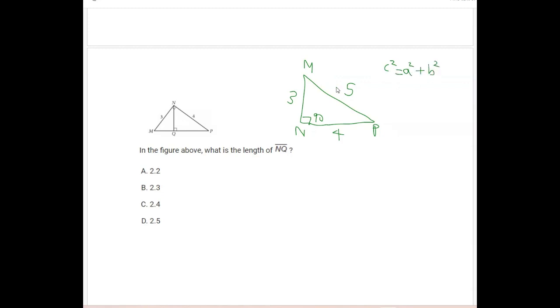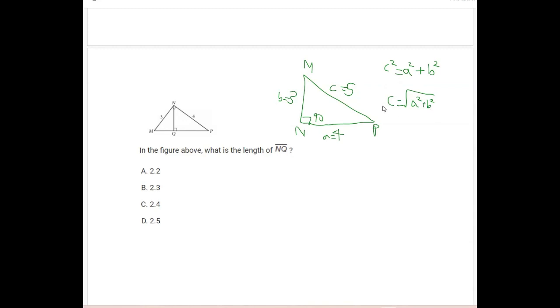C is the hypotenuse. So c is equal to 5, a is equal to 4, and b is equal to 3. Now, if I take the square root of all of this, I can determine what the value of c is.